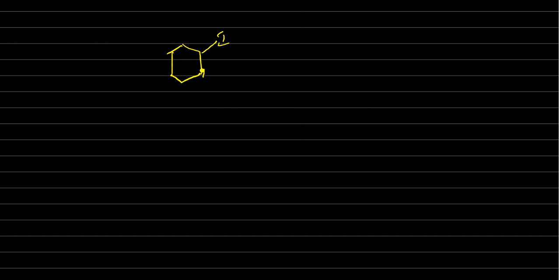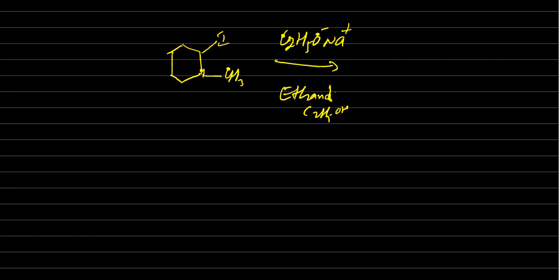Iodine and methyl is there, with sodium ethoxide, C2H5O minus Na plus, in the presence of ethanol, the alcohol C2H5OH. Here, which reaction takes place? First of all, charged means SN2 or E2.